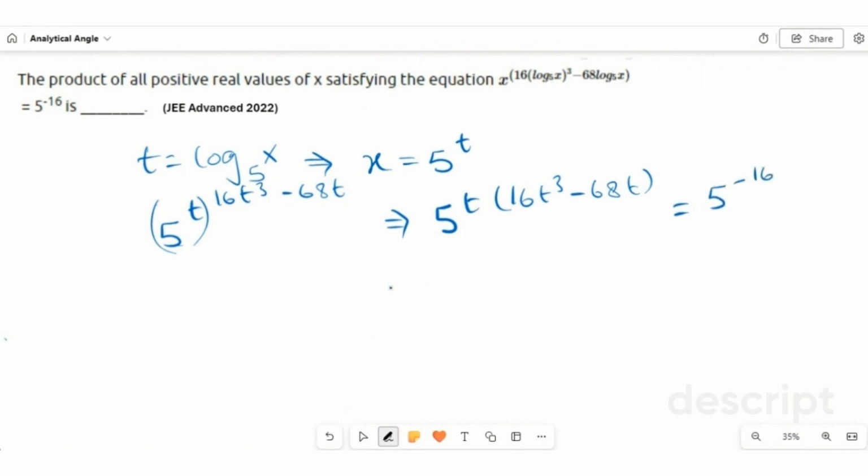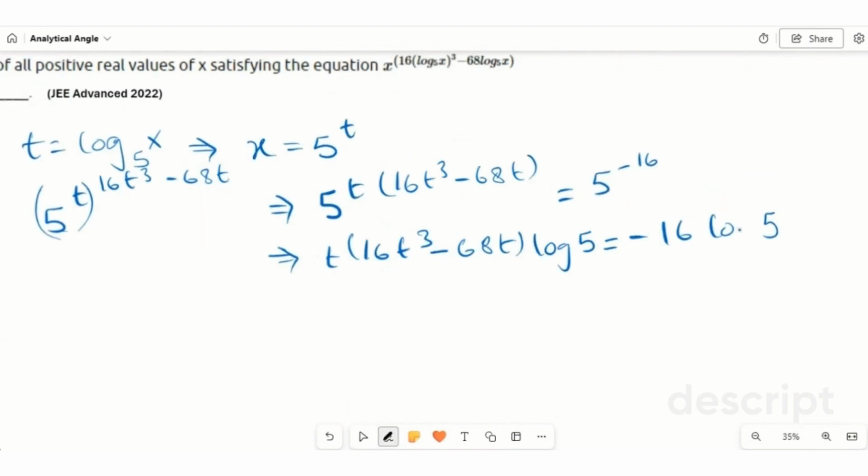So taking log on both sides, we get t into 16t cube minus 68t into log 5 is equal to minus 16 log 5. From both sides we can cancel out log 5 as it is a constant.